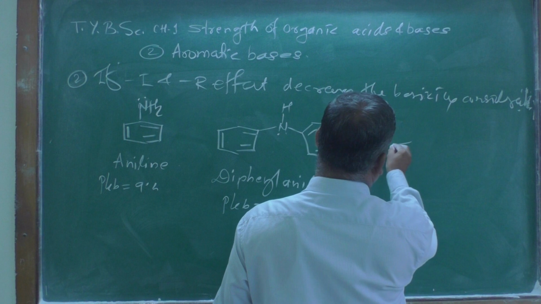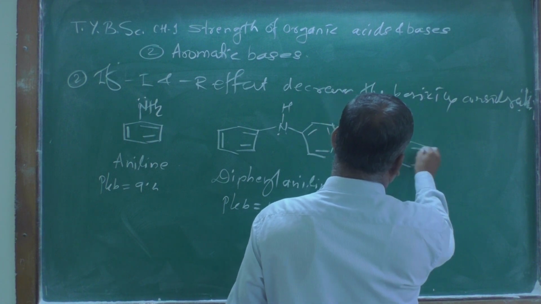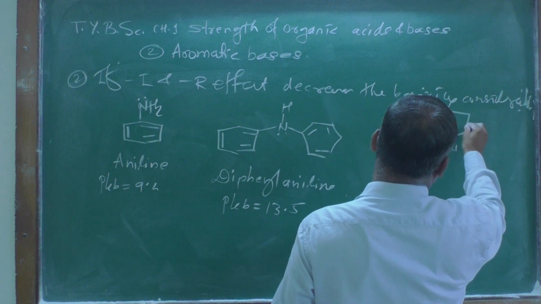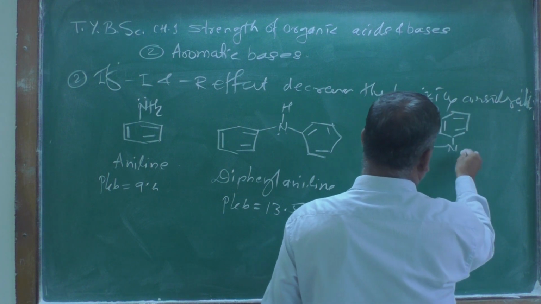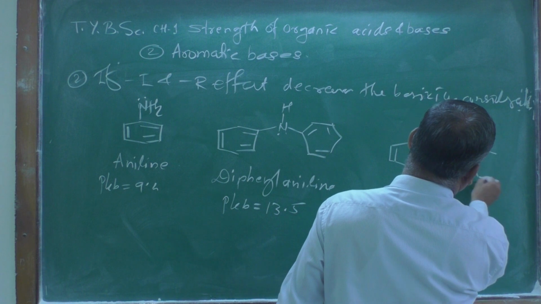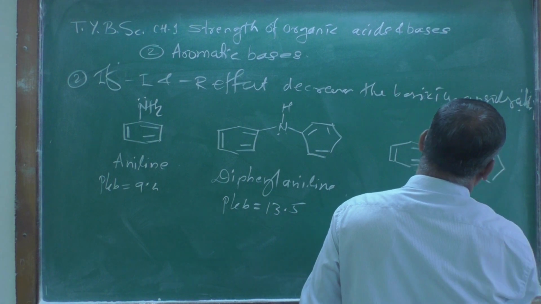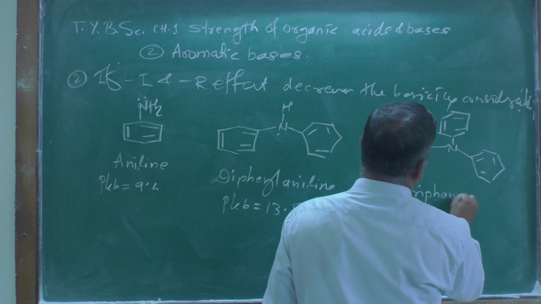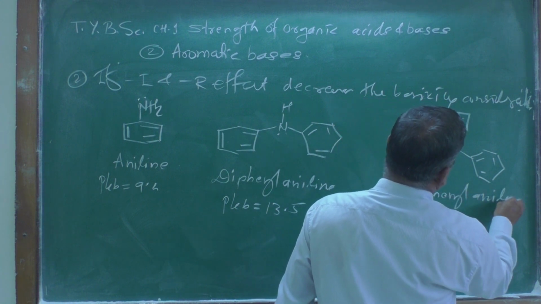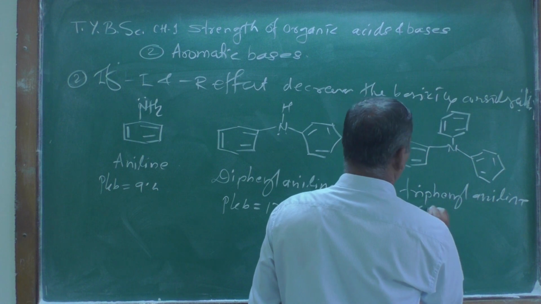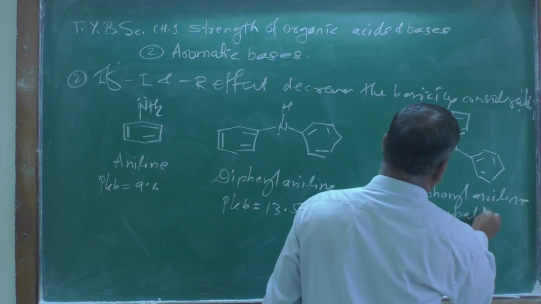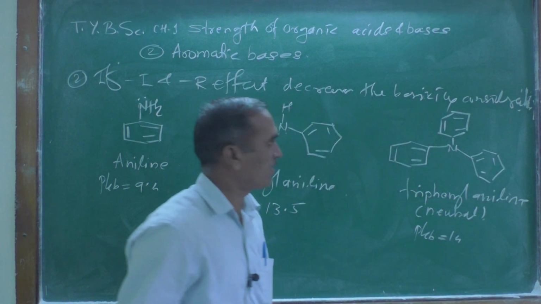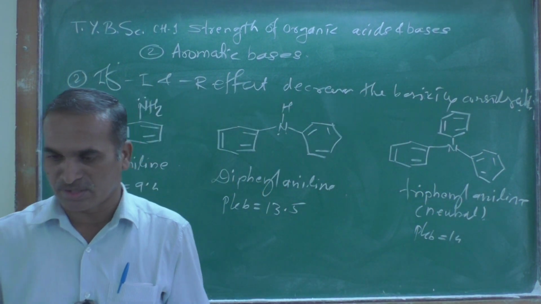Now look at another one. Let us see another structure, N, and again I am attaching one more phenyl, that is triphenyl aniline, which is nearly neutral in nature. The pKb value is found to be 14 something, and that is neutral in nature.